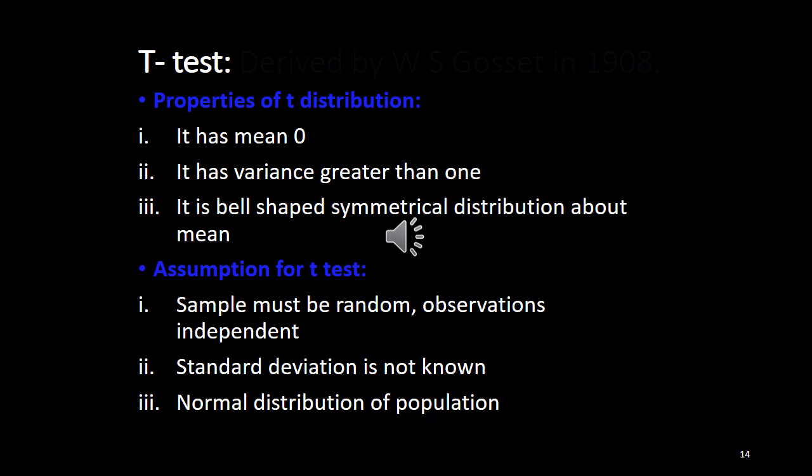We use the t-test. The properties of the t-distribution are: it has mean 0, it has variance greater than 1, and it is a bell-shaped distribution symmetrical about the mean. Its assumptions are: the sample must be random, observations are independent, the population is approximately normal, the sample size is small, and the population standard deviation is unknown, so we use the estimated standard deviation.